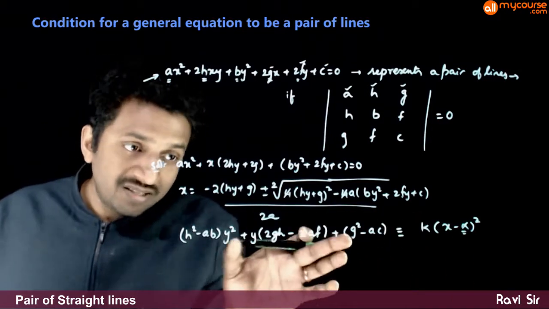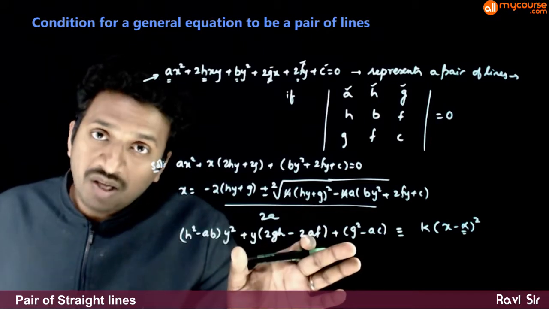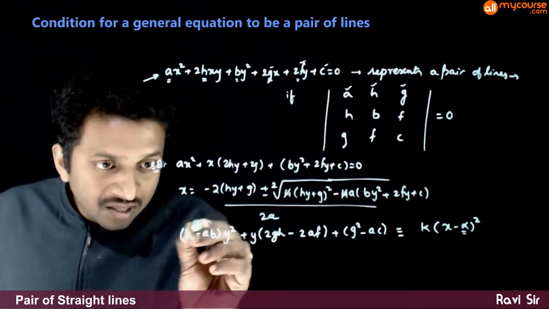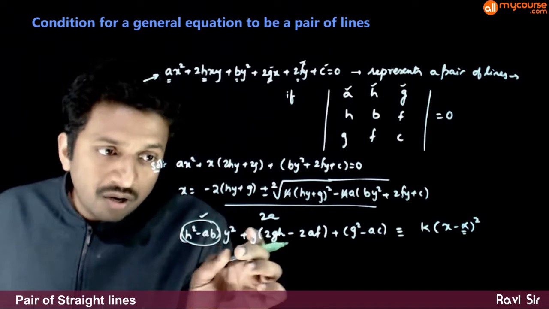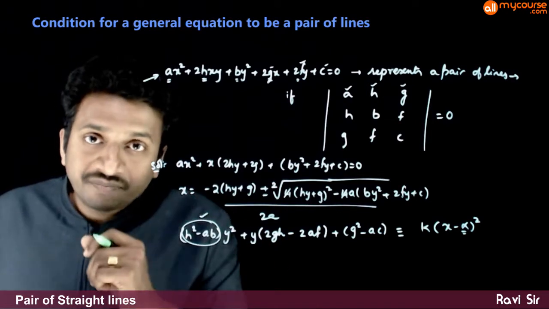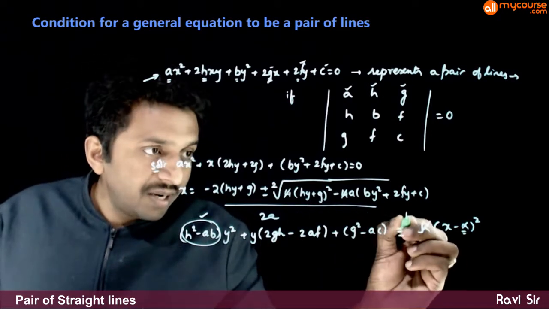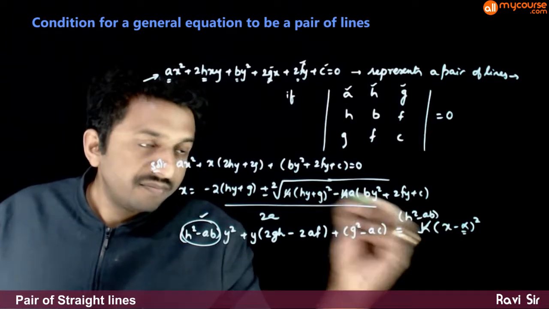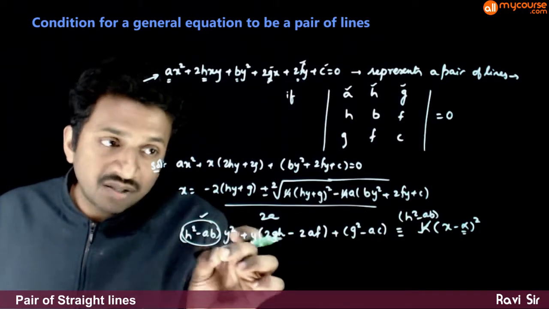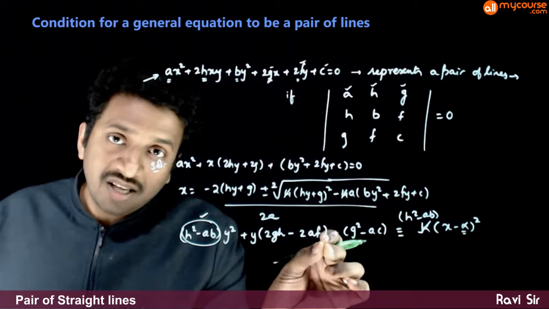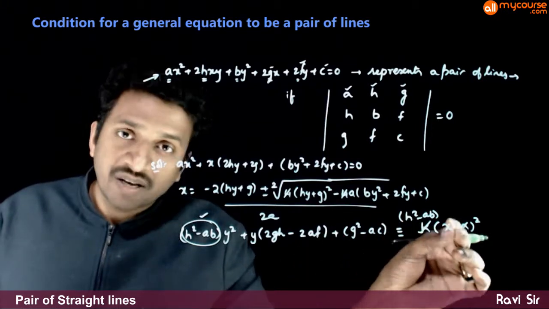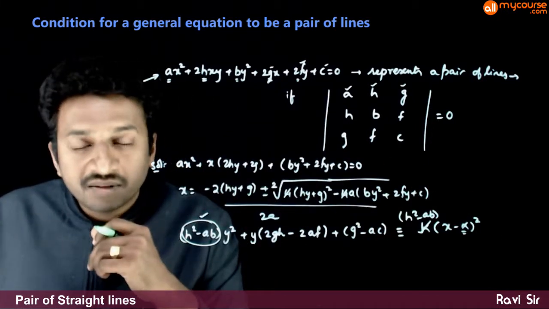So that means the discriminant of this expression has to be equal to 0. And also the coefficient of y² has to be positive, because this k is nothing but h² - ab. As we have seen, ax² + bx + c can be written as a(x - alpha)(x - beta).